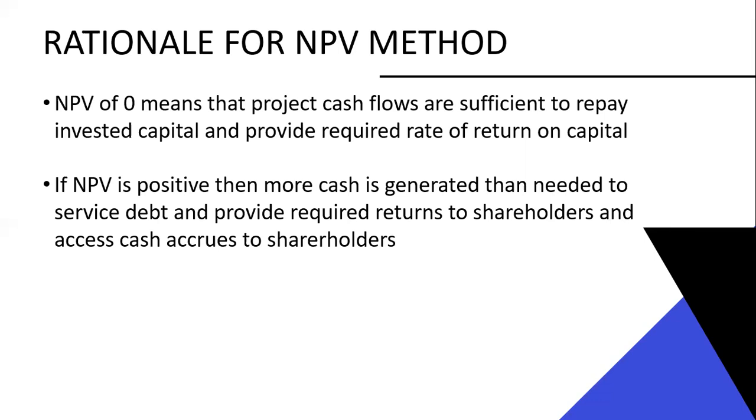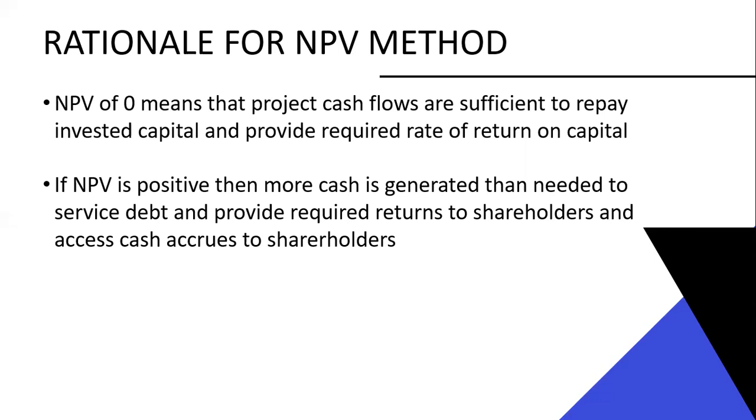However, if the NPV is positive, then that means that if you take on the project, more cash is going to be generated than is needed to service the debt and provide the required return to shareholders, and the excess cash accrues to shareholders.